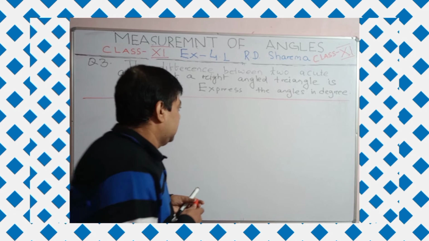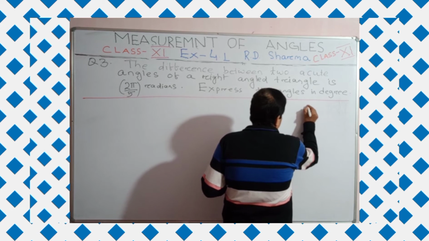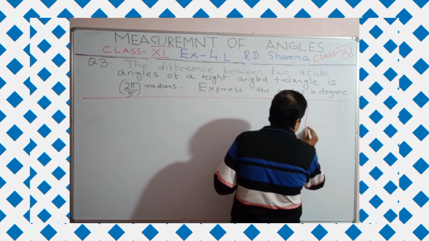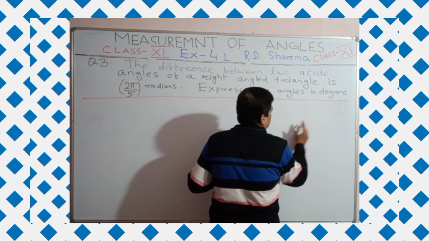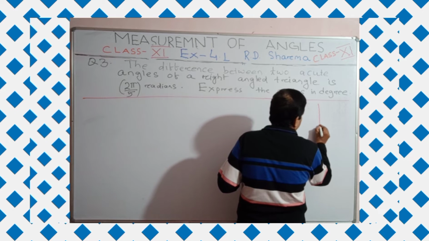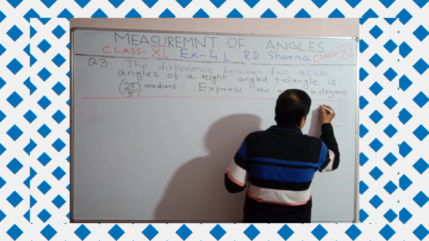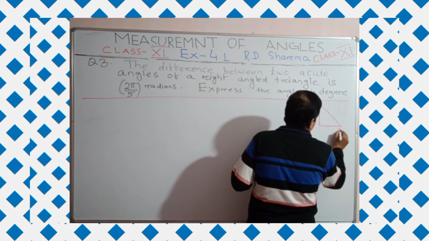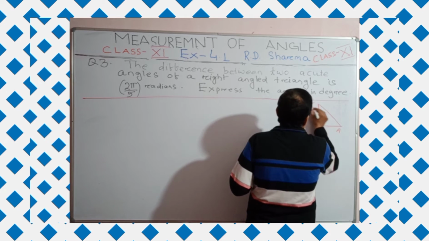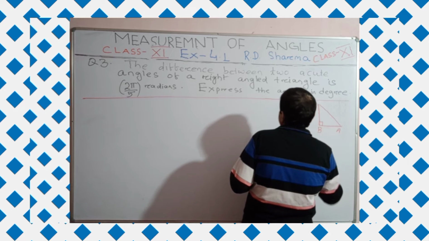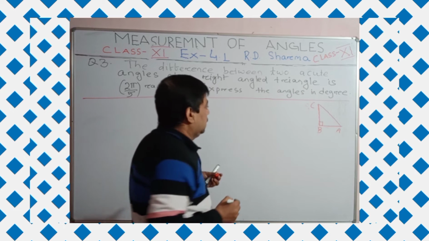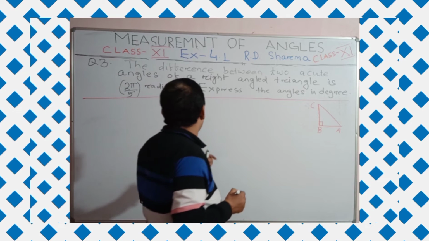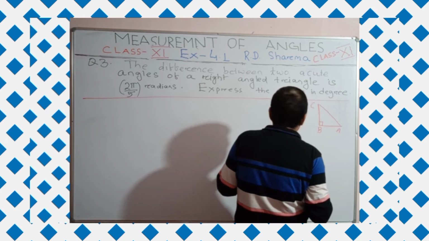So here is given a right angle triangle. Just do a small diagram for that right angle triangle. A, B, C. Here B angle is 90 degree. Given that the difference between the two acute angles of a right angle triangle is 2 pi by 5 radian.